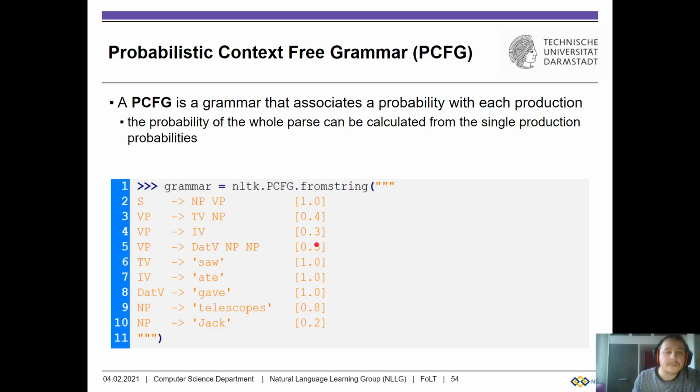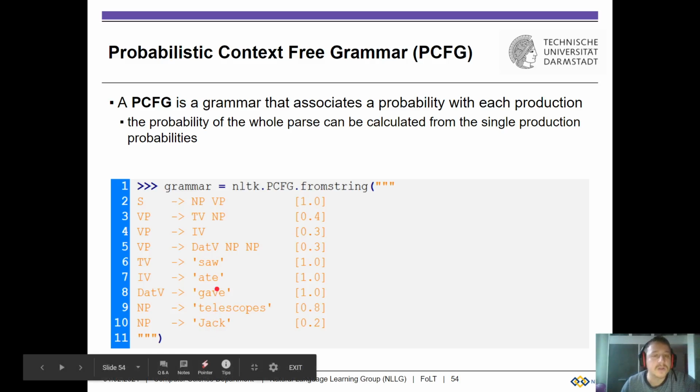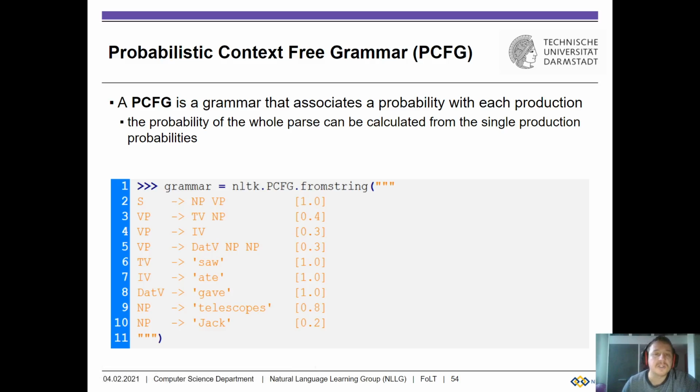Note that these numbers for each left-hand side of a production rule add up to 1 because it's a probability. So something must happen. Some production rule must be applied. Then if you have the probabilities for each of those production rules, you can also calculate the probability for the whole parse tree by just multiplying each of those individual production probabilities.